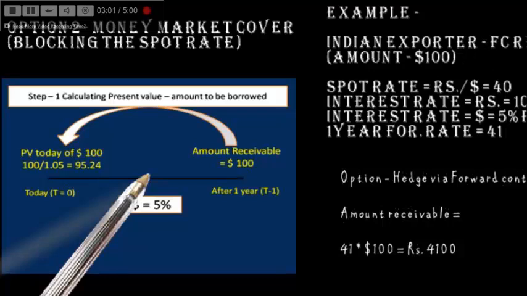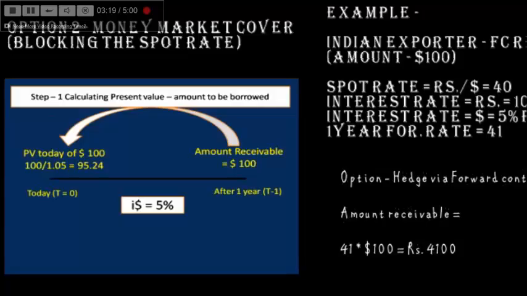Step 1 is calculating the present value of the amount to be borrowed. Here you can see we have $100 receivable, so the present value is 95.24. So if I am having receivable, then I will borrow that amount.